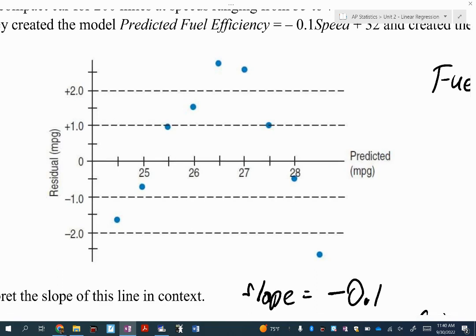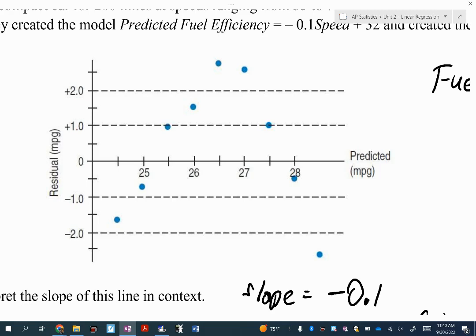Read the axes. When you read the x-axis, you see it says predicted in miles per gallon. So that is the predicted fuel efficiency. And what speed are we driving at? Right, we're currently driving at 45. And what are we predicting for our fuel efficiency? 27.5. So go on your x-axis to 27.5. And then where's that dot? It's right here.